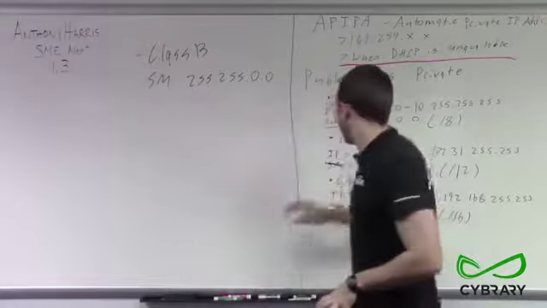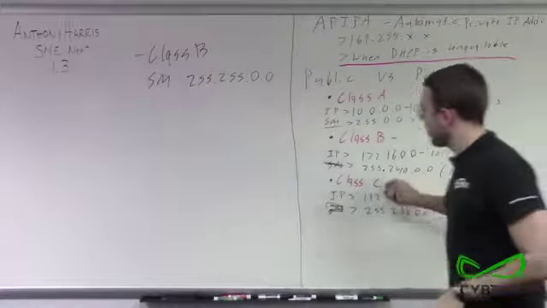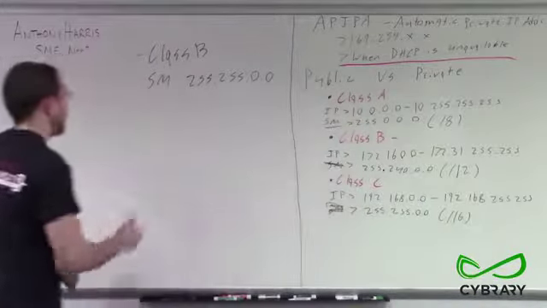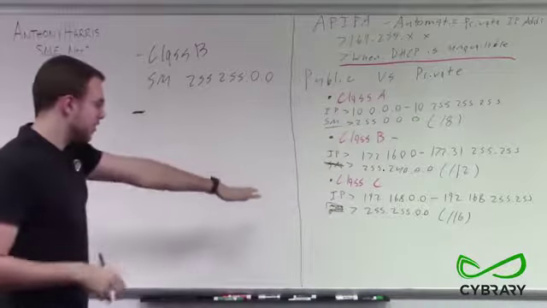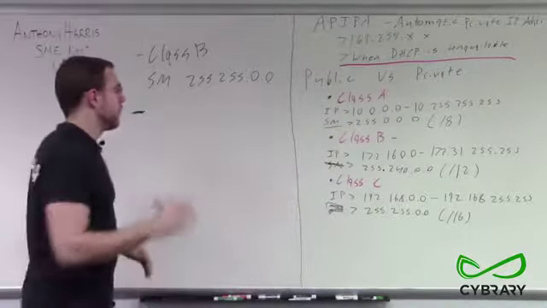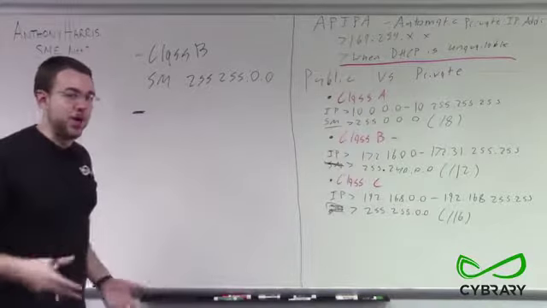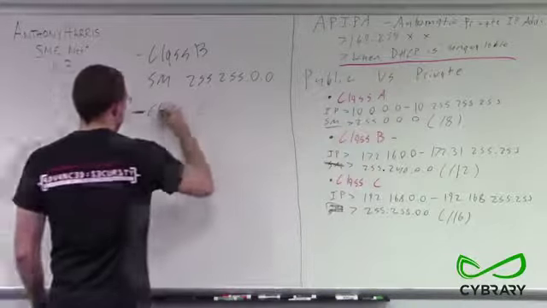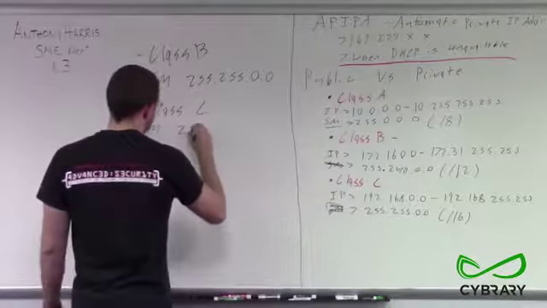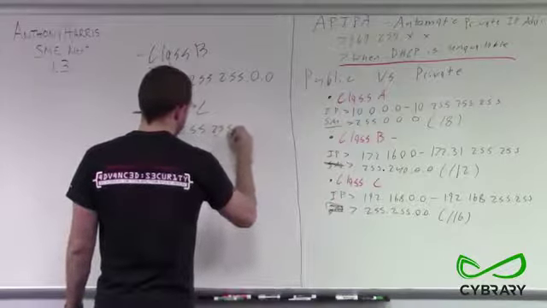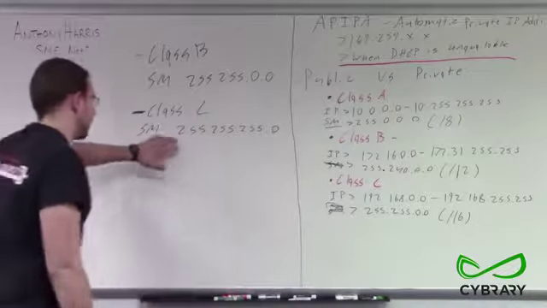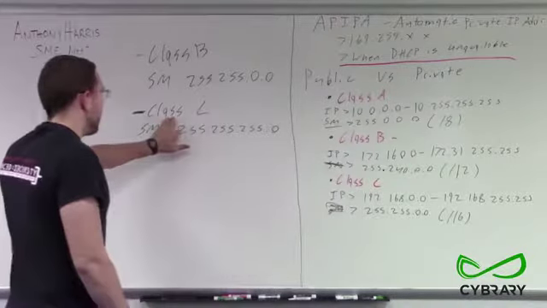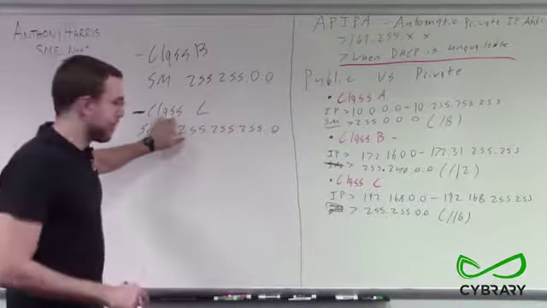Let's take our Class C addresses, because it's a little bit easier to understand with Class C. Our default Class C subnet mask, when we're actually doing IP addressing, is 255.255.255.0. That's going to be the subnet mask we give our Class C addresses.